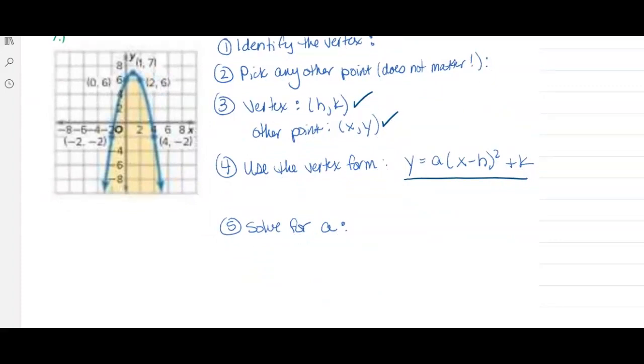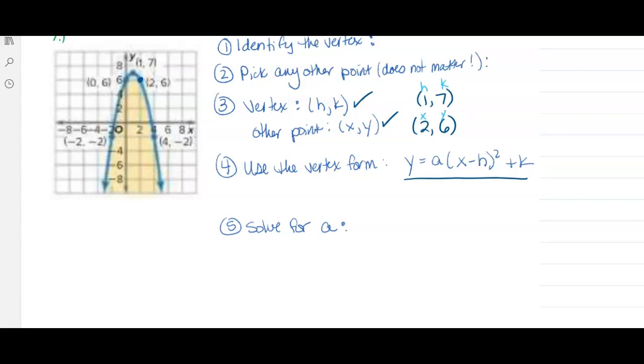Our vertex in this example is the point 1, 7. Then I'm going to pick any other point. How about 2, 6? That'll be my second point. So h is 1, k is 7, x is 2, y is 6.